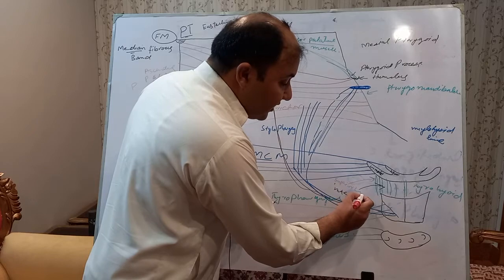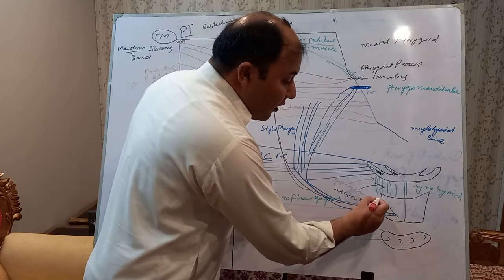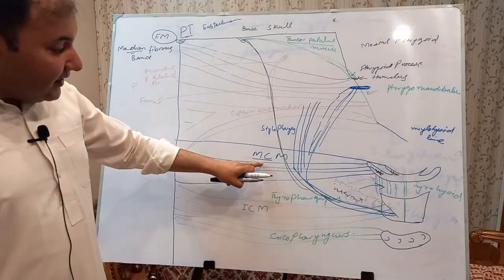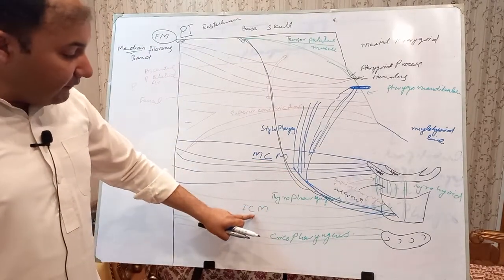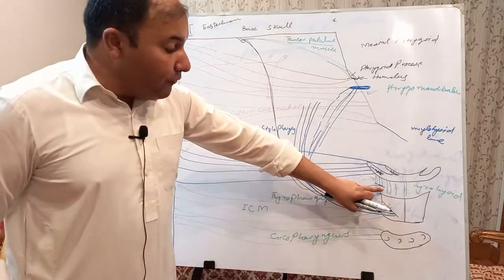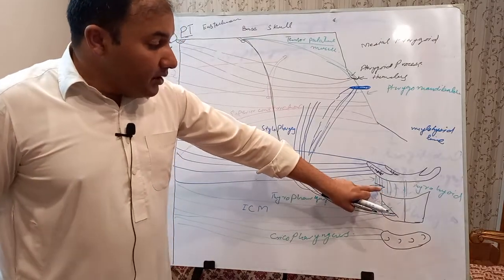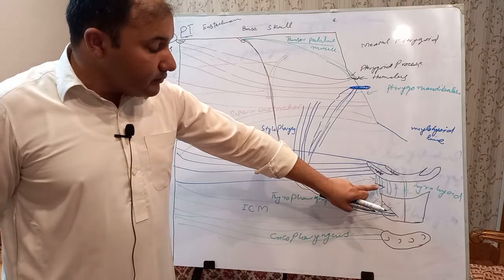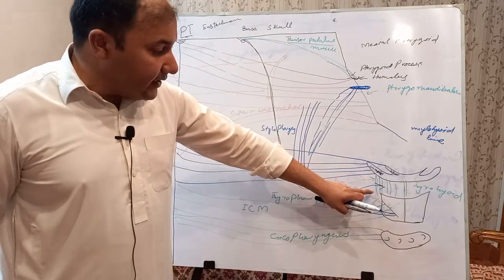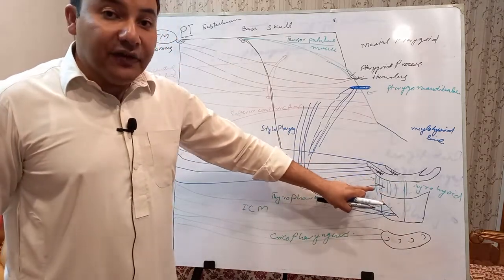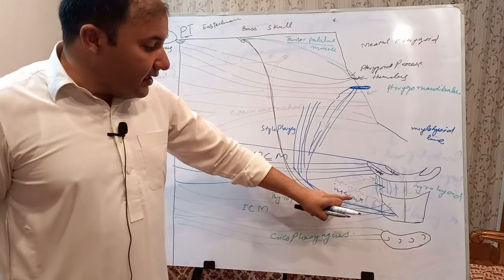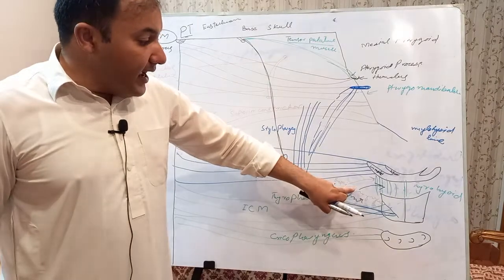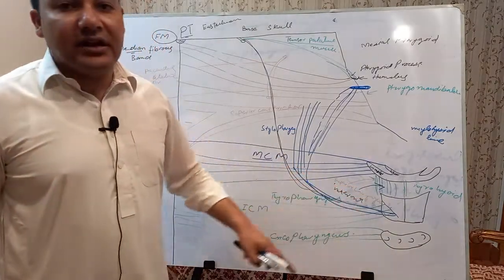In the space between the middle constrictor muscle and the inferior constrictor muscle, you find a membrane called the thyrohyoid membrane, which is perforated by two important structures, the internal laryngeal nerve and the superior laryngeal artery.